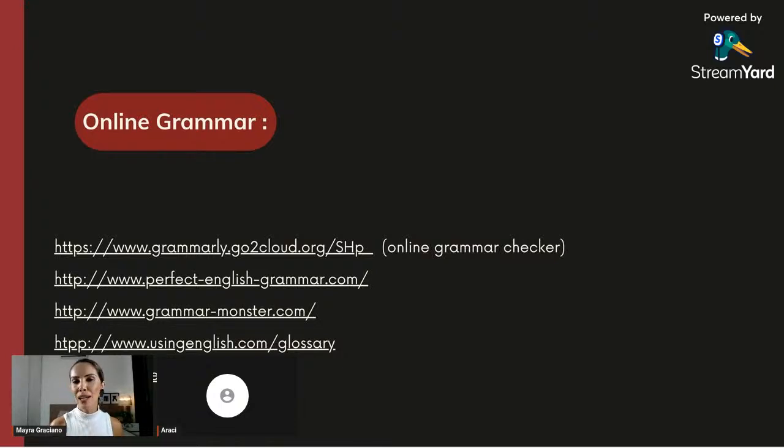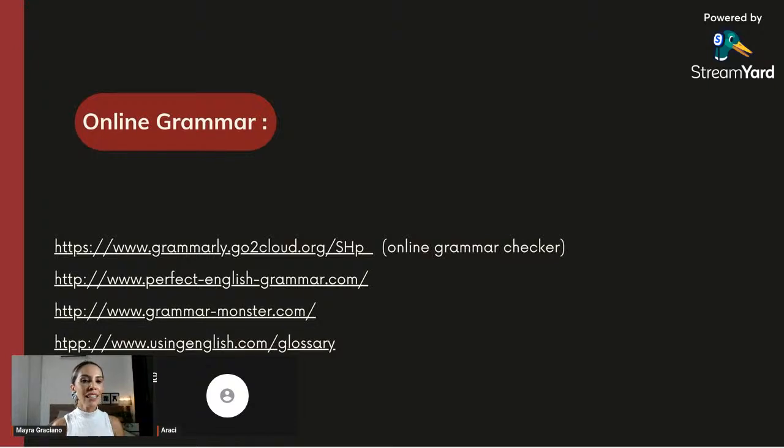Okay, so if you don't have it yet, I highly recommend it. It's free. You can pay for the pro version, but the free version is very nice, can help a lot. Just Google Grammarly, you're going to find it. You should have it on your extensions.